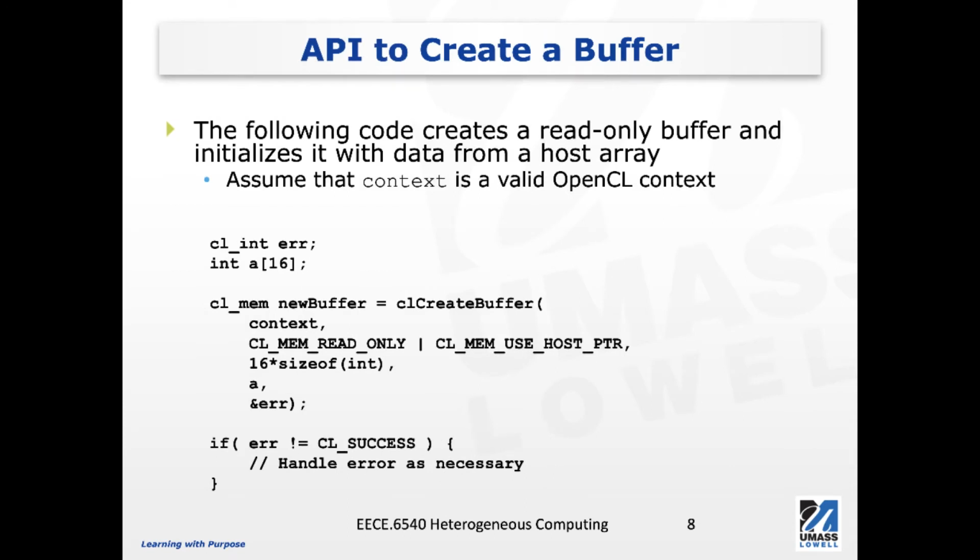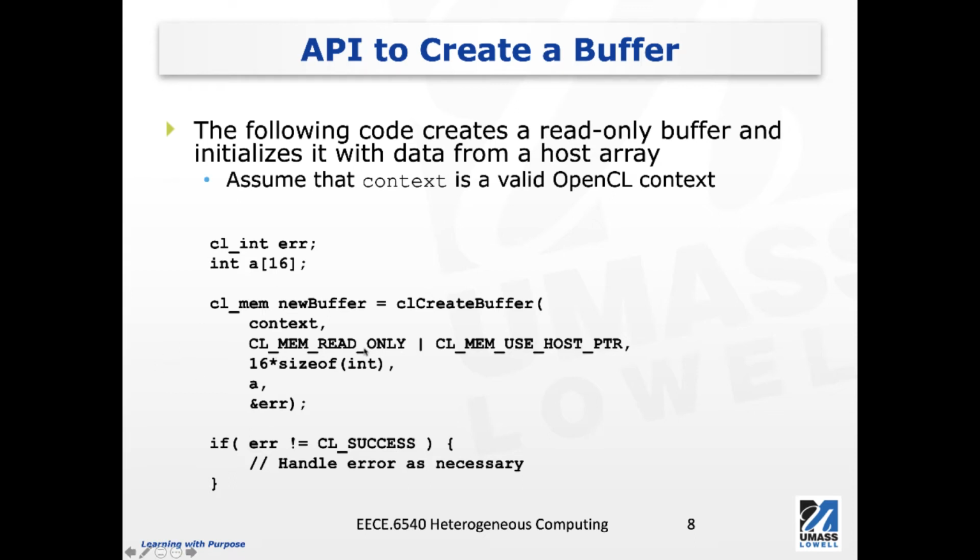Let's take a look at a concrete example. The following code creates a buffer that is read-only and initializes it with data from a host array. Let's assume that context is a valid context. At the very beginning, we declare the error code, and then we define an array A that consists of 16 integers. The clCreateBuffer call will use, in this case, CL_MEM_READ_ONLY.